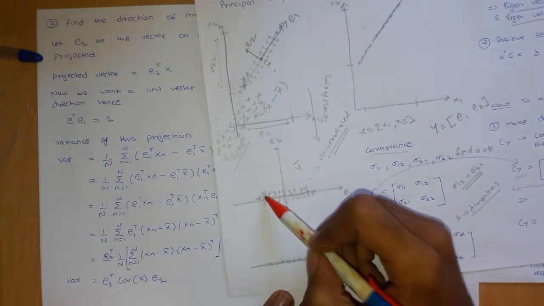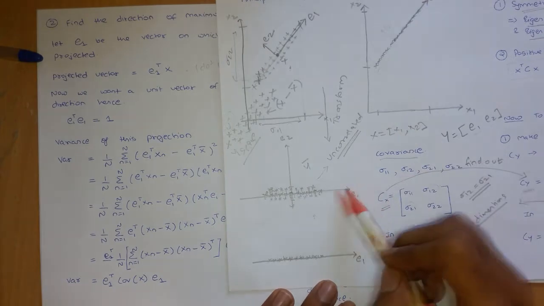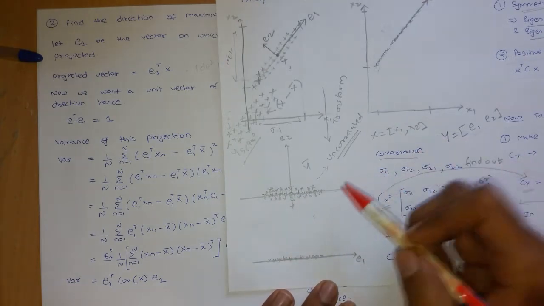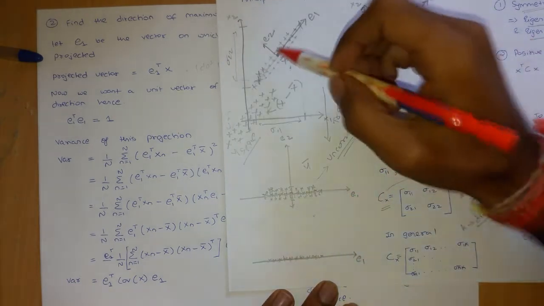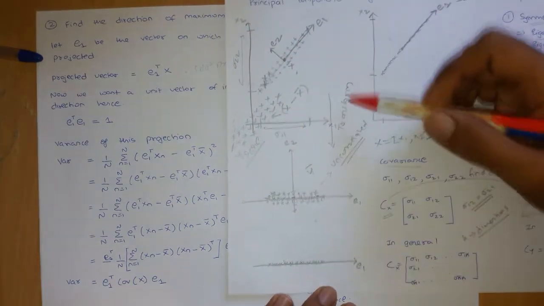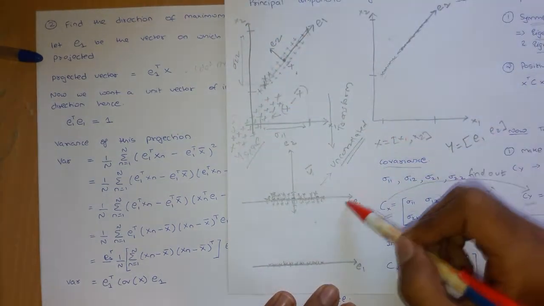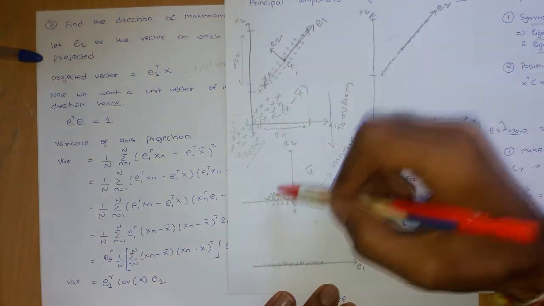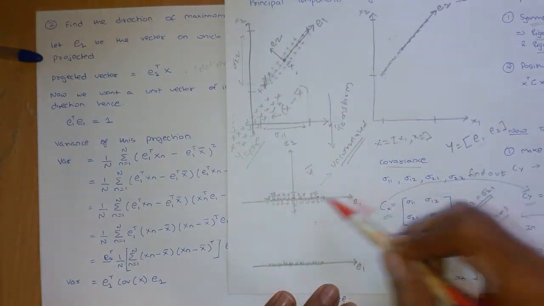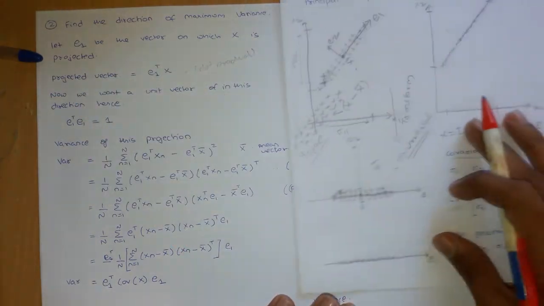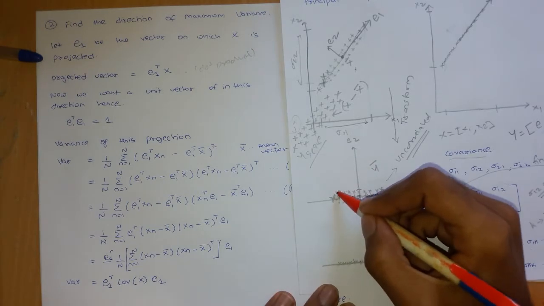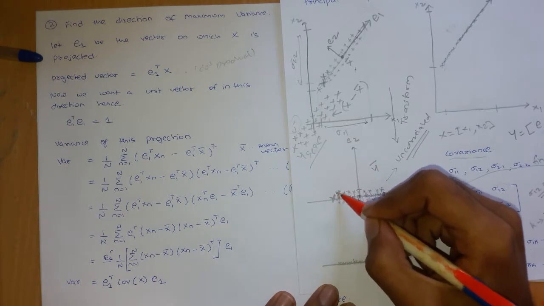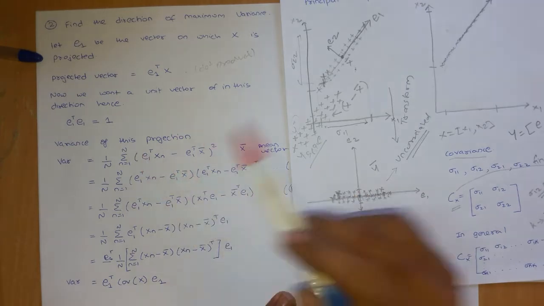When you take E1 transpose, this E1 is with respect to x1 and x2, so it will also have some value, and when you take the dot product with this, you get the projected vector. So this thing is the projected vector.